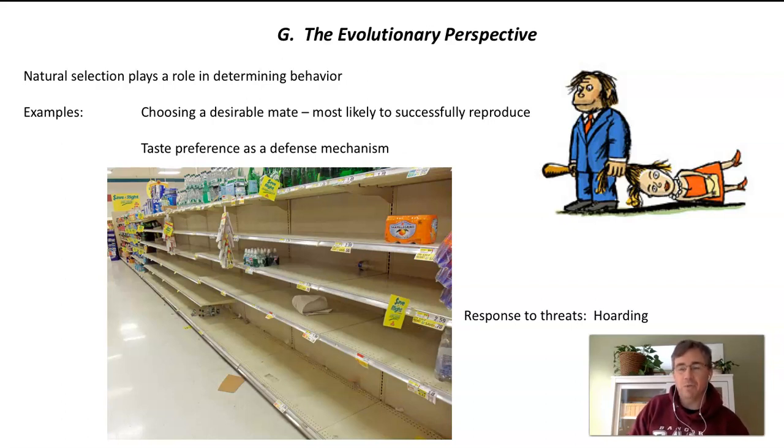The evolutionary perspective is the one that is most likely going to be able to explain that kind of behavior. Response to threats usually ends up in hoarding. And that's why places like Walmart had to say, you can only buy one package of toilet paper. You can only buy 2 bottles of disinfectant cleaner for your home to make sure that other people are going to be able to have them. But that's an evolutionary perspective.